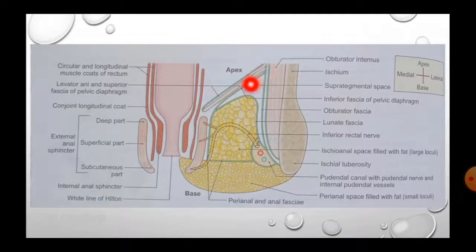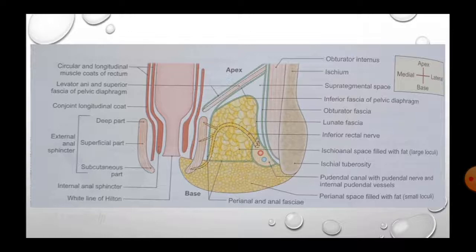The fascia covering its inferior aspect is the inferior fascia of the pelvic diaphragm. So the apex is formed by the line where the obturator fascia meets the inferior fascia of the pelvic diaphragm, otherwise called the anal fascia. Okay, and this line corresponds to the origin of the levator ani from the lateral pelvic wall.